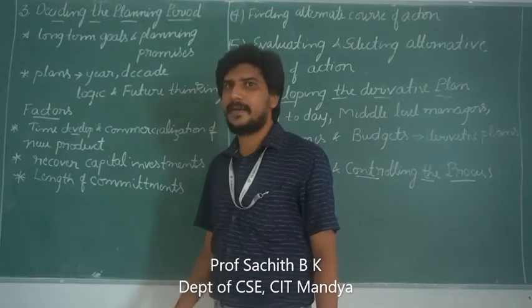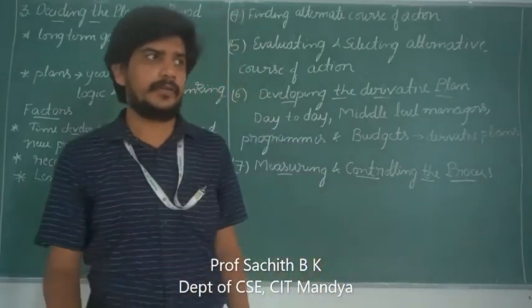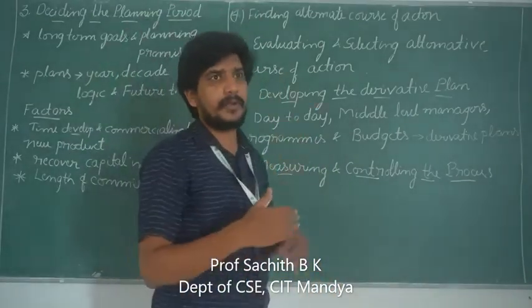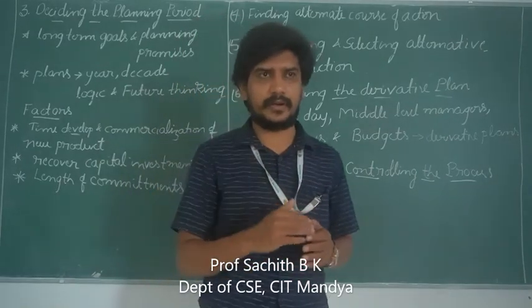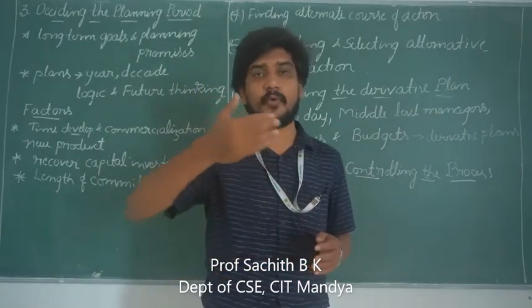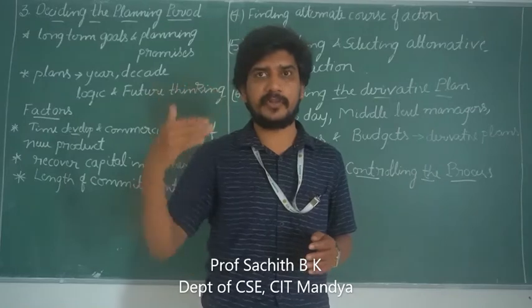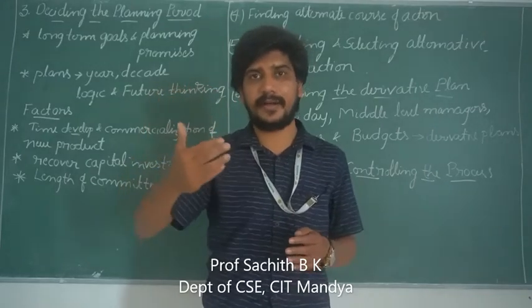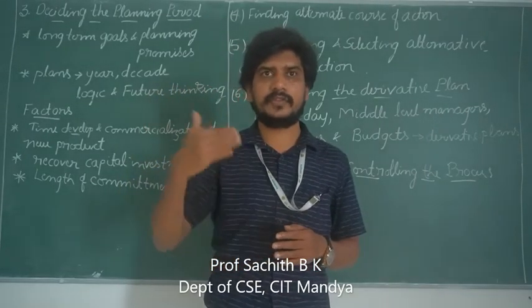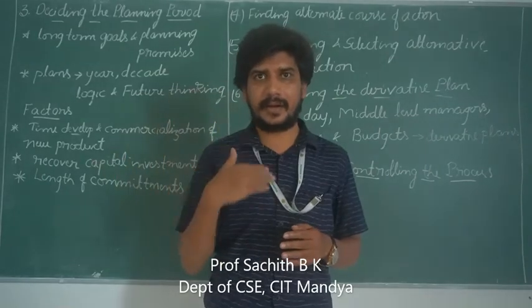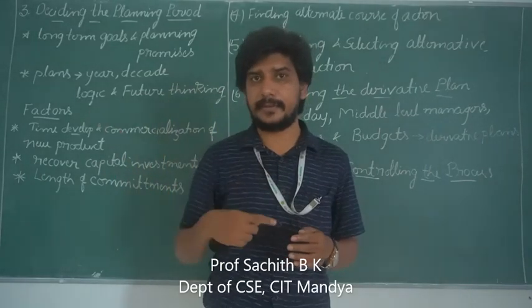The third factor, length of commitments. You have made some commitments with a contractor. You are in an organization, and there are some contractors who work for you. They will make some projects, they will do some assignments for you. So between that particular contractor and an organization, there is a commitment.